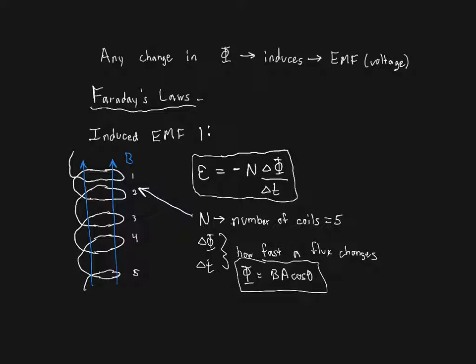The last key point to make here is this negative sign. This negative sign is something called Lenz's law. And what this tells us is that the change in flux that's created inside of this, the EMF that we get, change is resisted.